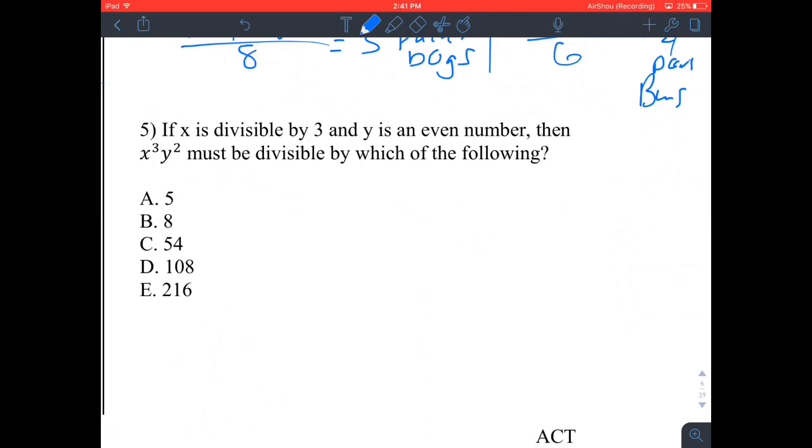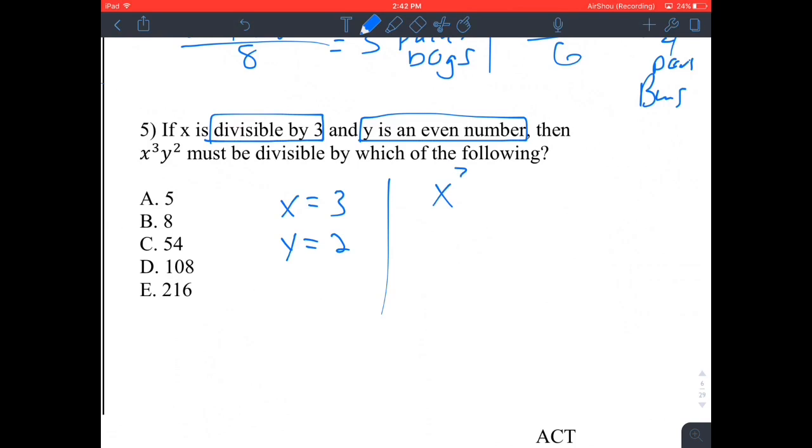This is a method that actually works for some of these problems. I would pick the smallest number divisible by 3, such as 3. I would pick the smallest even number, which is 2. I would then plug them in to x cubed y squared.